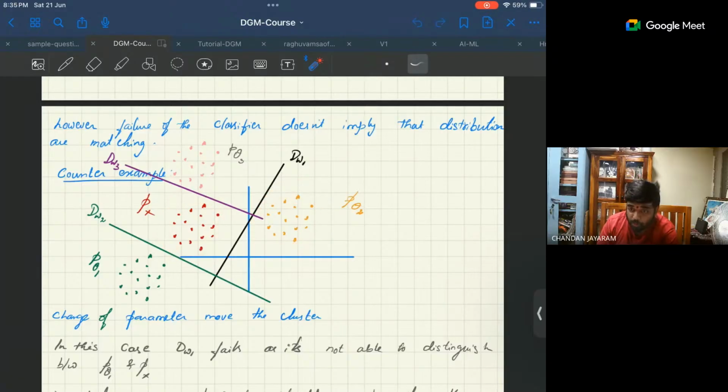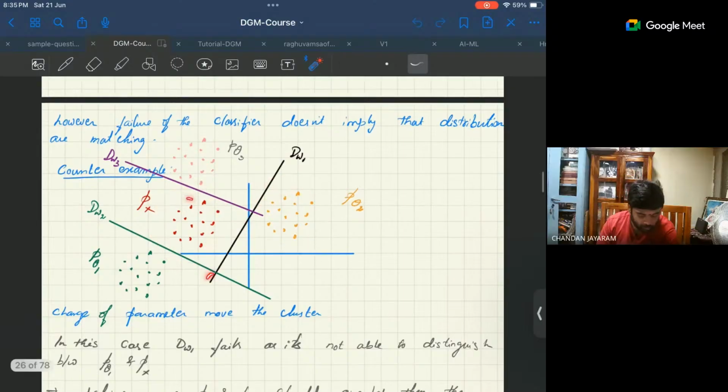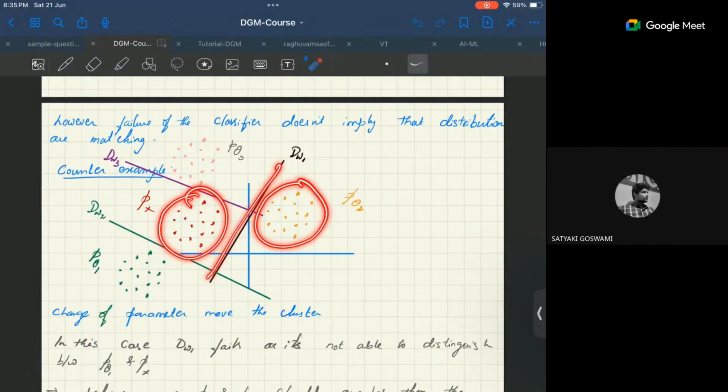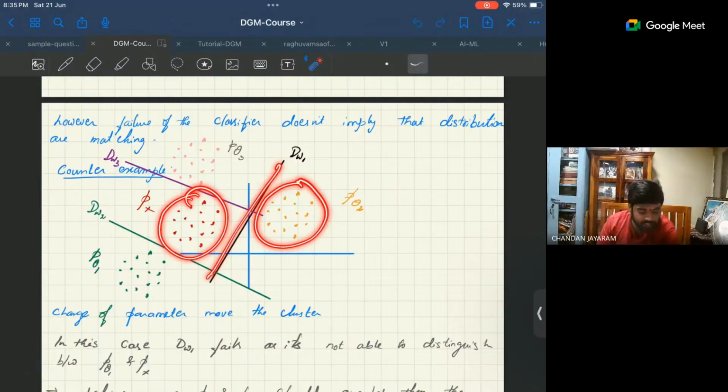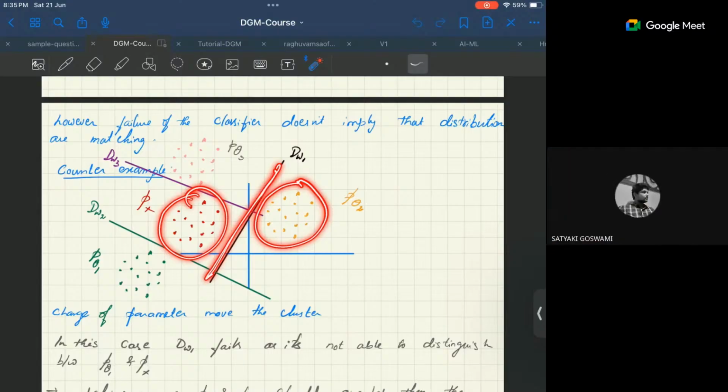Is that what we want? We want the discriminator to be like this. If this is the real data and this is the generated data, do we want the discriminator like this? No, because it is able to distinguish. We don't want it.